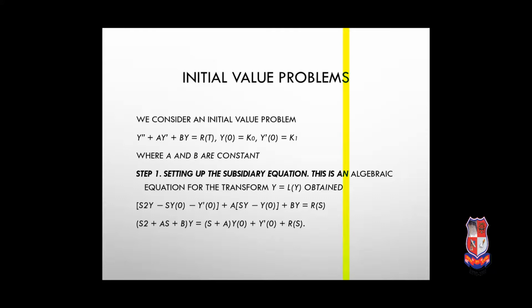Next step is s squared Y minus s y of 0 minus y dash 0 plus a of (sY minus y of 0) plus bY is equal to R of s. (s squared plus as plus b) in the bracket into Y is equal to (s plus a) y of 0 plus y dash 0 plus R of s. Here we are keeping Y common and y0 common in the next step.